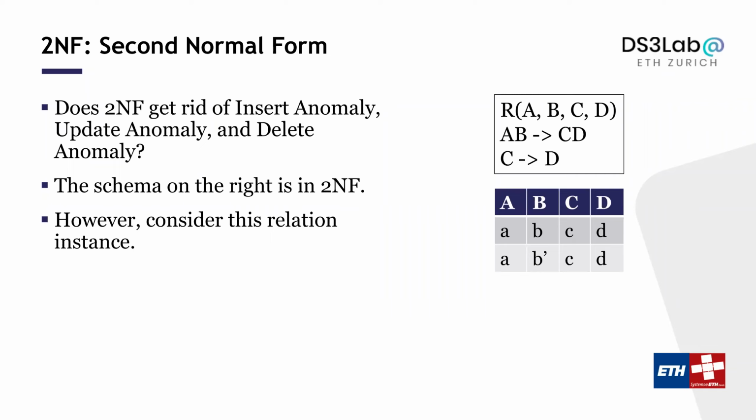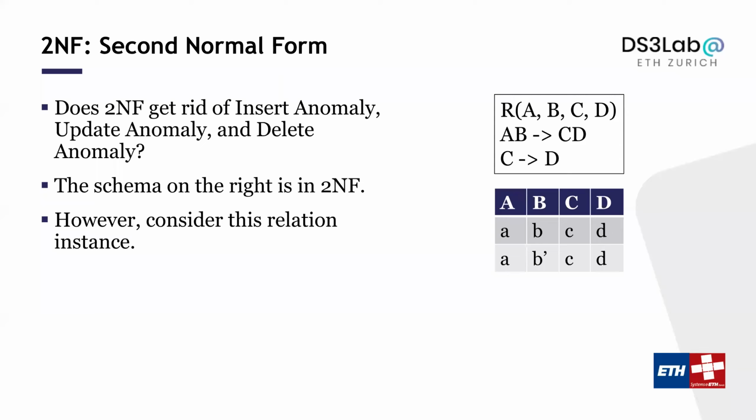But as you can see, this relation could still have redundancies in the data. Why? Because if you look at columns C and D, whenever you have one value of C, it decides the value of D. So if I have two tuples with the same value of C, I'm going to store the same value of D multiple times.